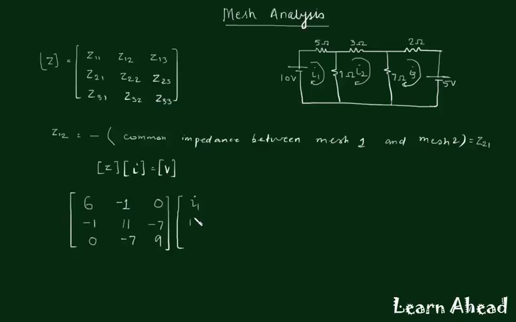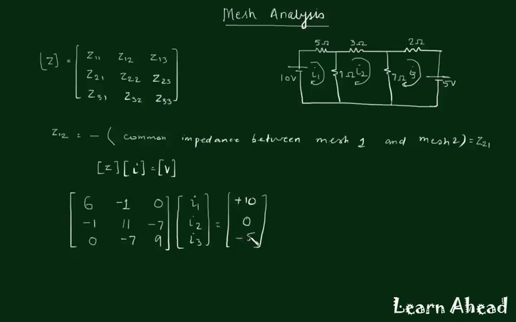This will be multiplied by I1, I2, and I3, equal to the V matrix. In mesh 1, the voltage source is plus 10 volt. In mesh 2, there is no voltage source, so this will be 0. In mesh 3, this will be equal to minus 5.